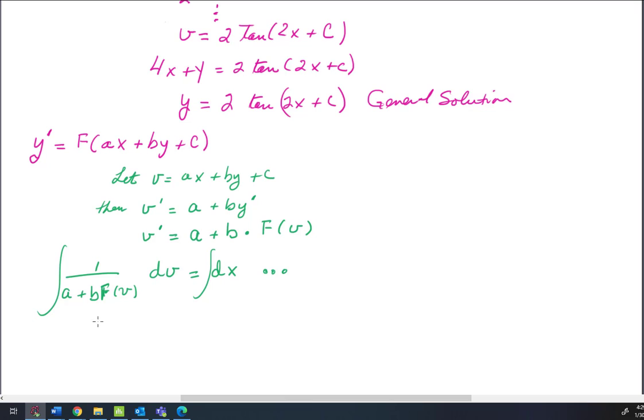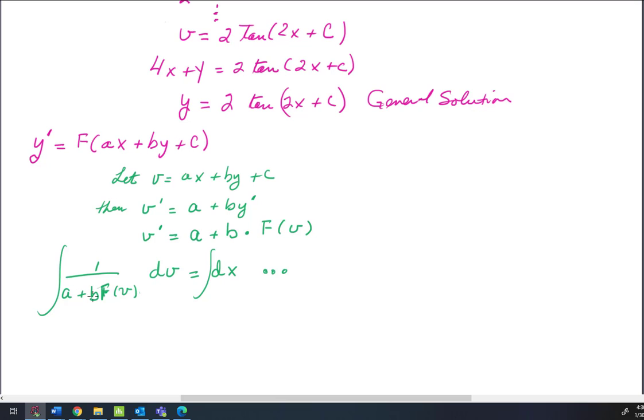This exercise was to show that if I have a function that looks like this, y prime is a function of this kind of a combination of x and y to the first power, then I can let v be the argument inside the uppercase f, and I will have a variable separable differential equation.